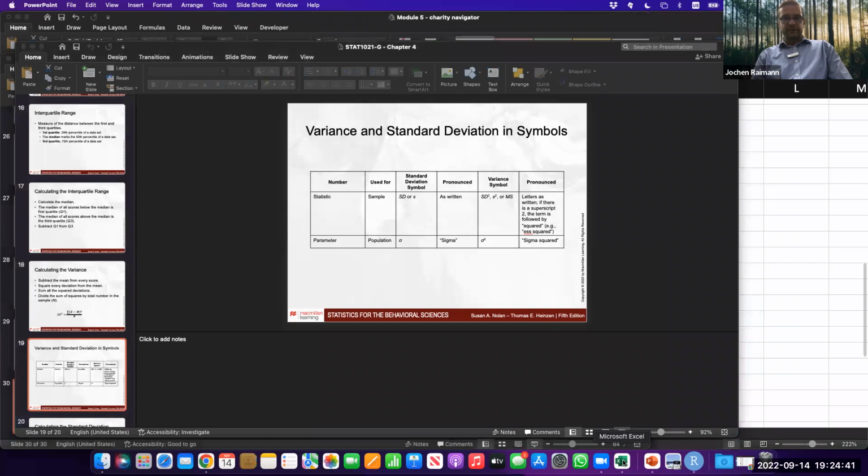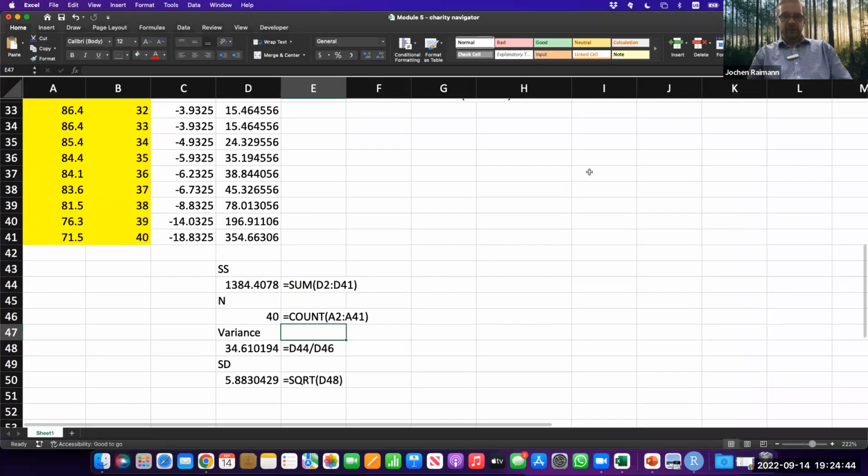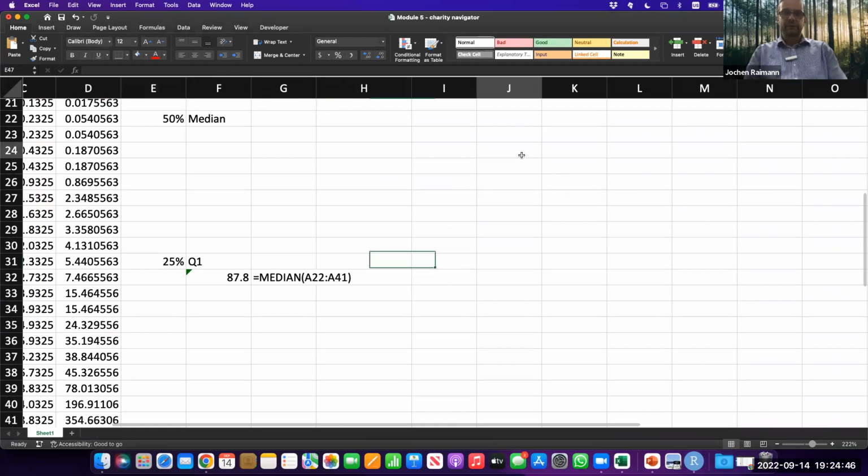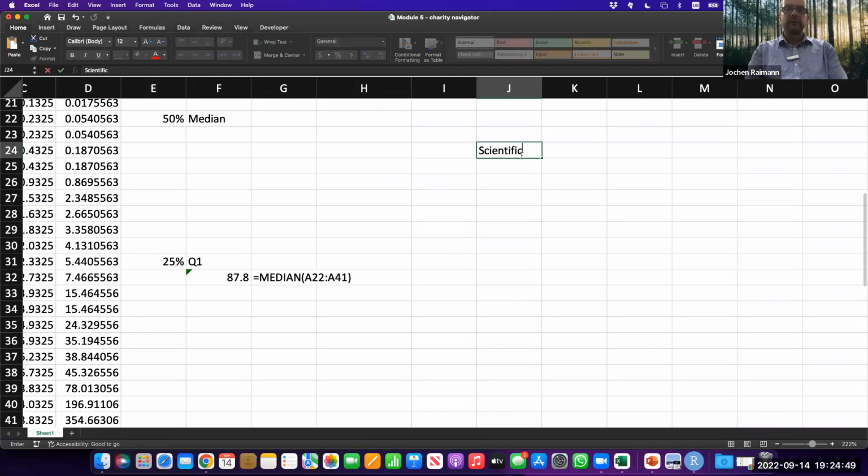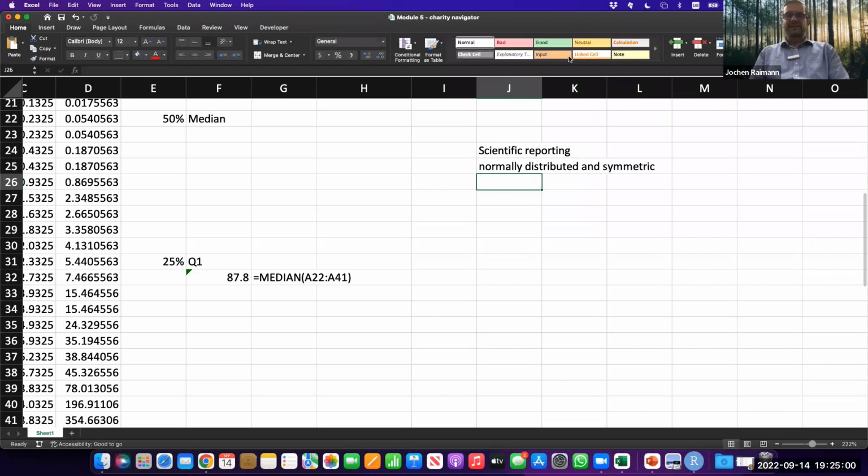So if you were asked to present the data that we have seen here, this is now scientific reporting. If it is normally distributed and symmetric, the way you would present this would be mean plus minus standard deviation.